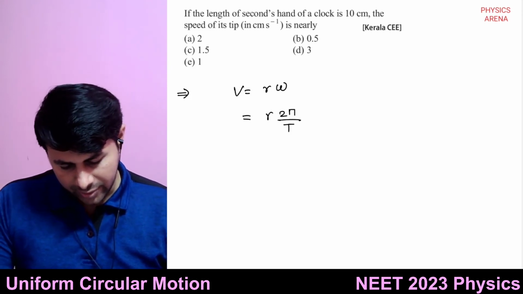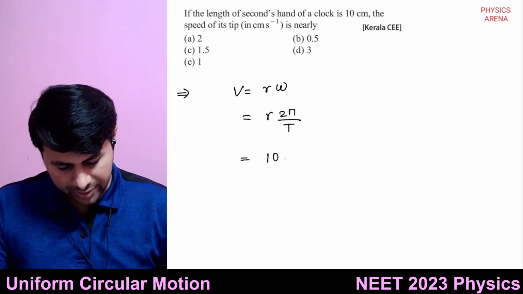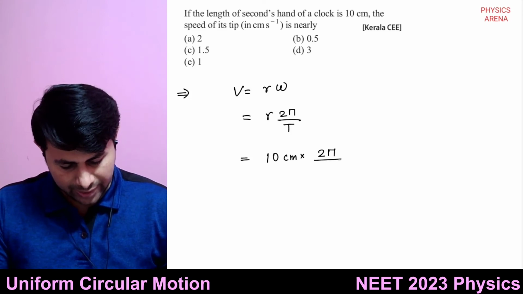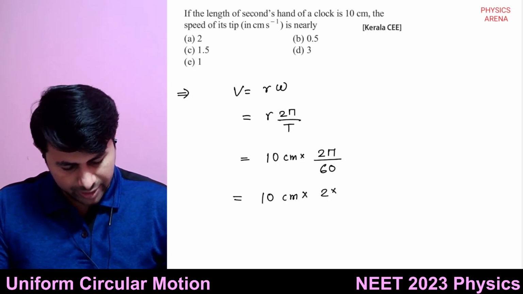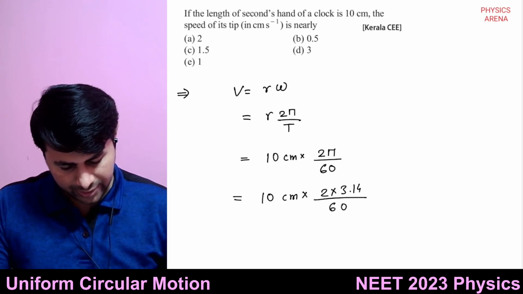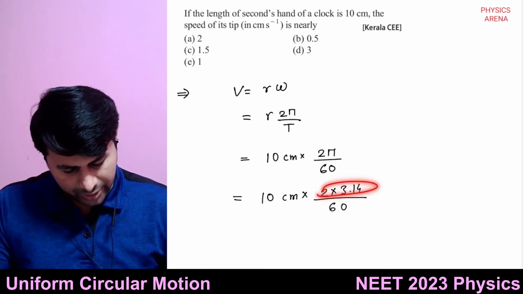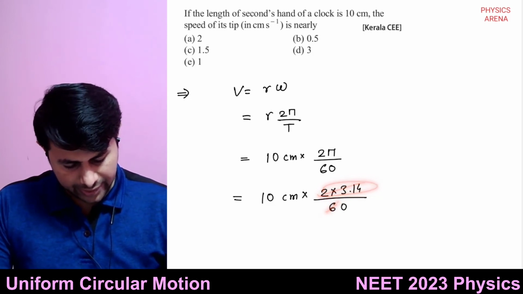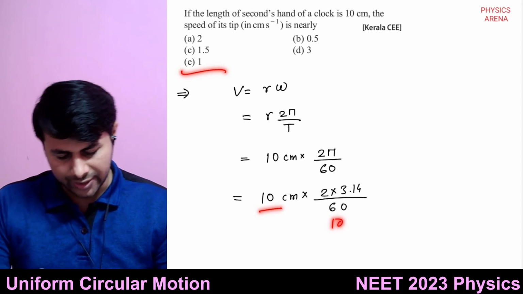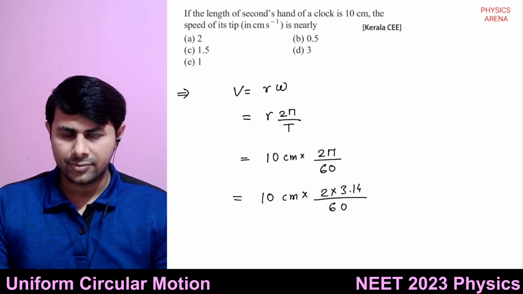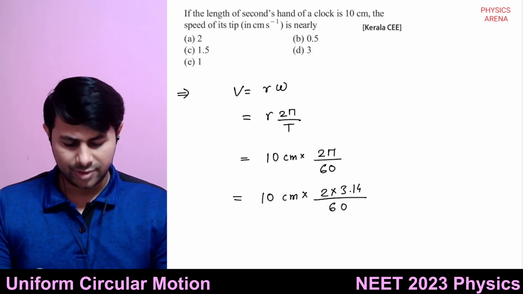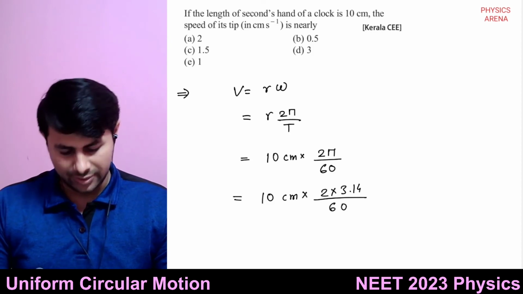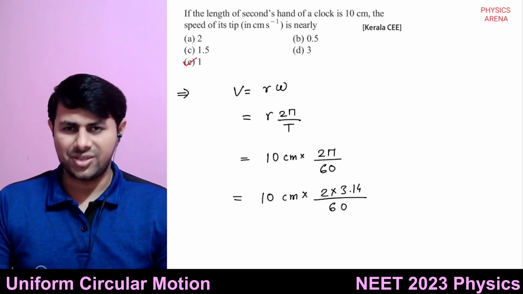So this is 10 centimeters multiplied by 2 pi divided by 60. Again we have to do some calculations. So 10 centimeters multiplied by 2 multiplied by 3.14 divided by 60. Near about, this thing and this thing get cancelled out, 10 divided by 10, so 1 would be the answer. This is a simple question, right?